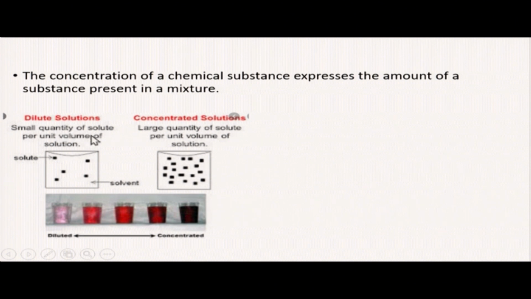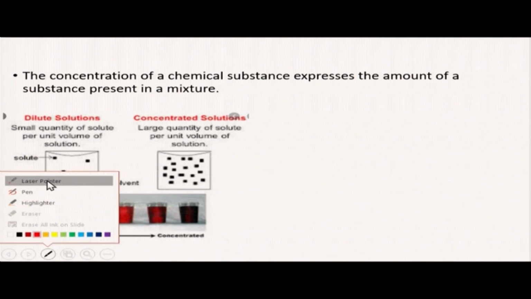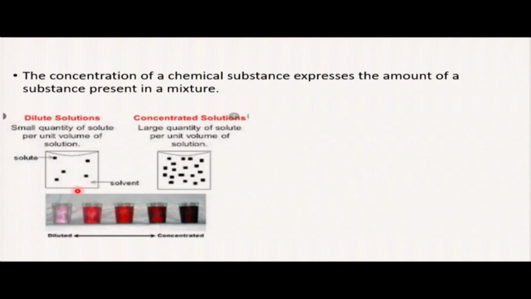Just take a look at this one. You have a small quantity of the solute per unit volume. That means you have this big cup, and then you add maybe a quarter of a tablespoon of sugar. That is very little. You have small particles.